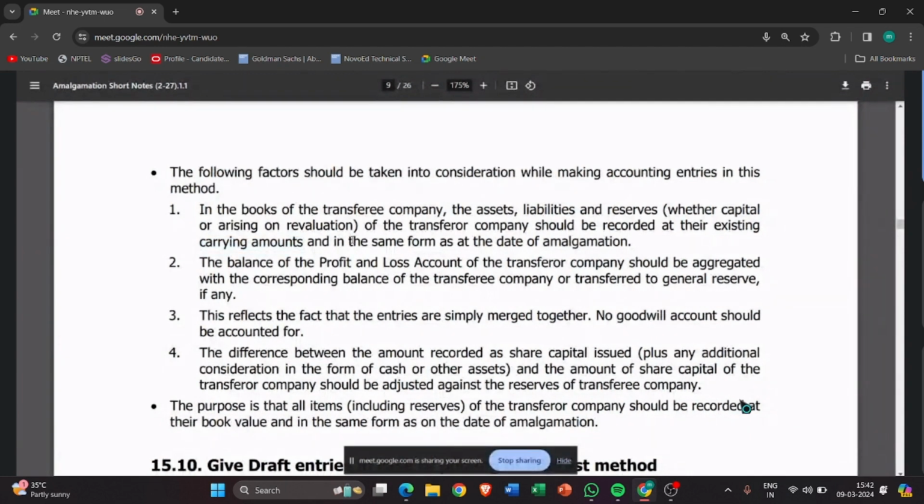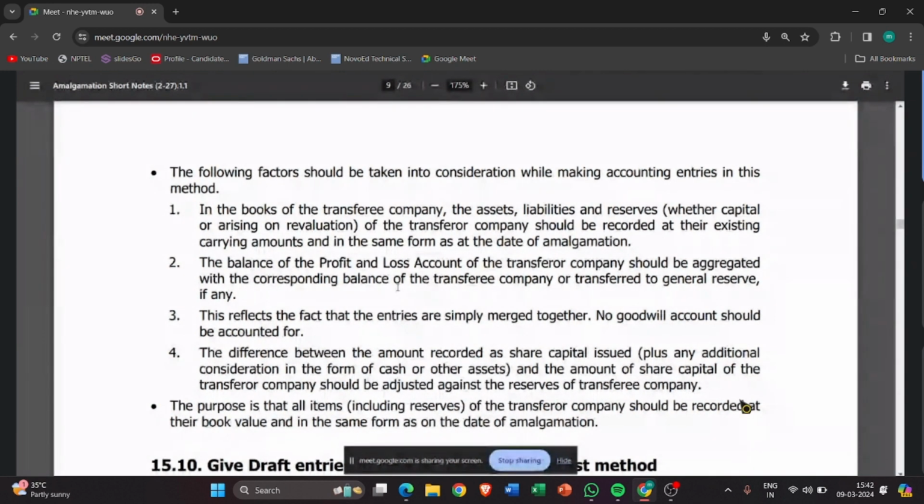So don't make any changes, just write all the assets and liabilities and reserves at their balance sheet values itself. Right? If there is any profit and loss account of the transferor company, that is any accumulated reserves, etc., then it should all be added together.